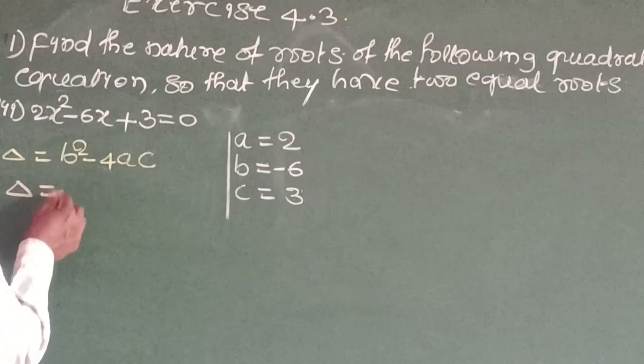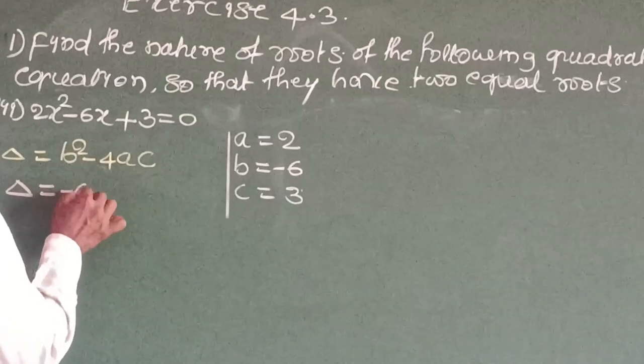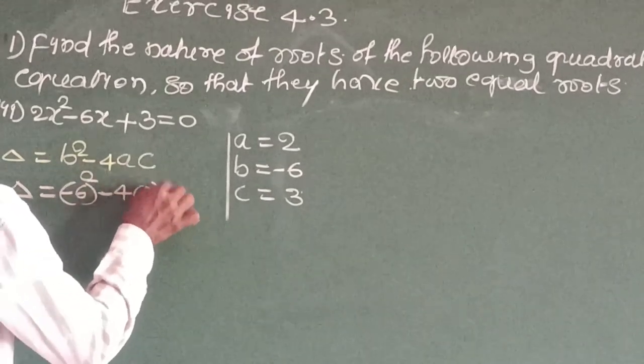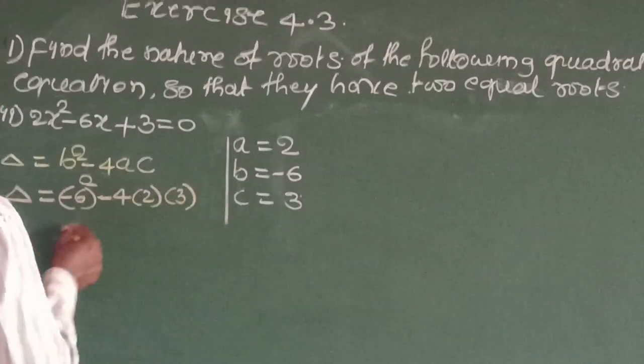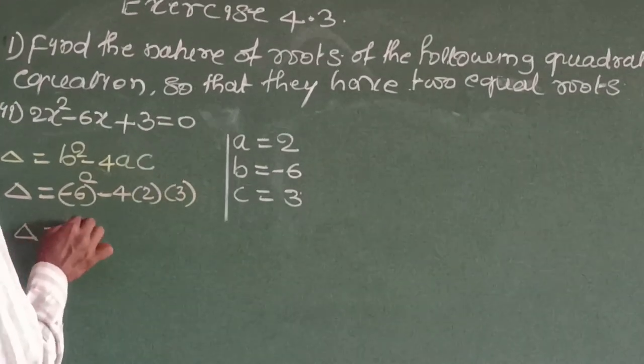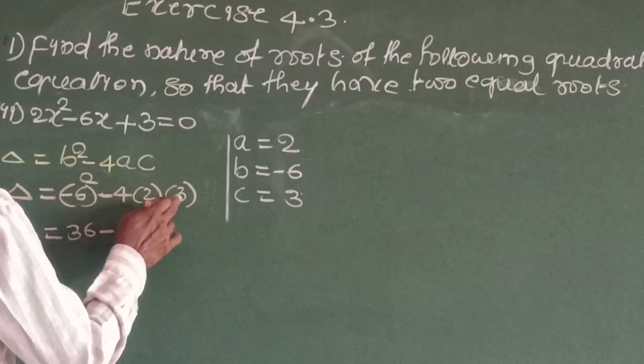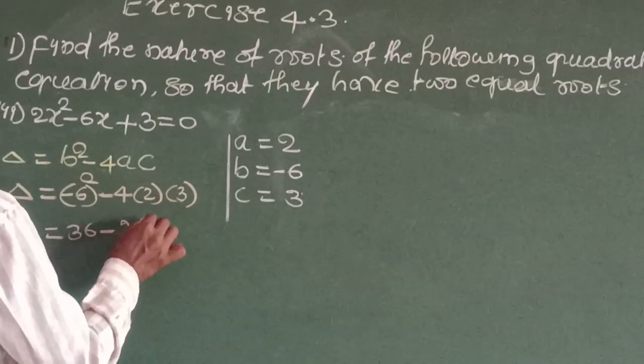Delta equal to b square, (minus 6) square minus 4 into 2 into 3. Delta equal to 36 minus 4 2s are 8, 8 3s are 24.